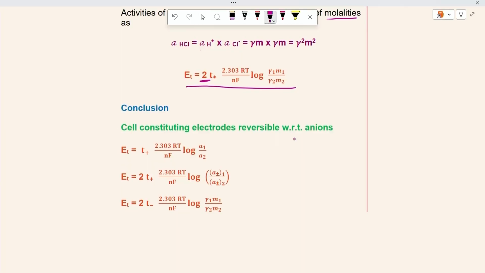So, to conclude, here we have been considering the cell with transference where the electrodes are reversible with respect to anions. The Nernst equations are Et is equal to, t stands for with transference, t+ into 2.303 RT by nF log a1 by a2. What is this in terms of electrolyte?